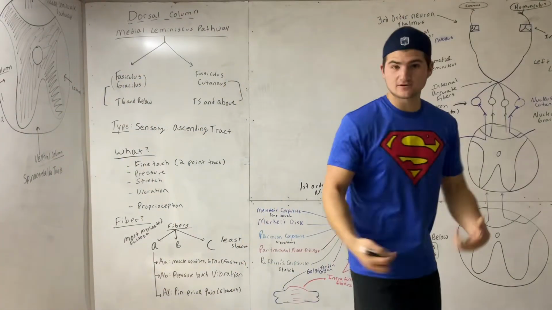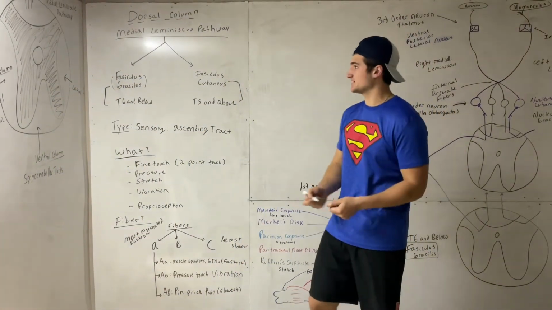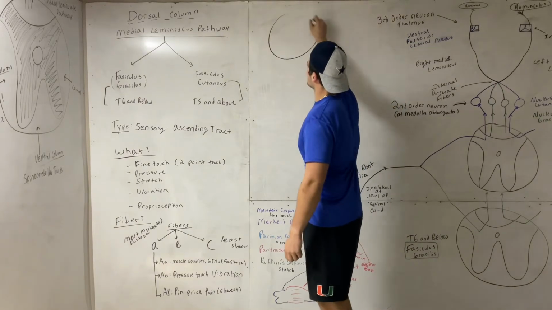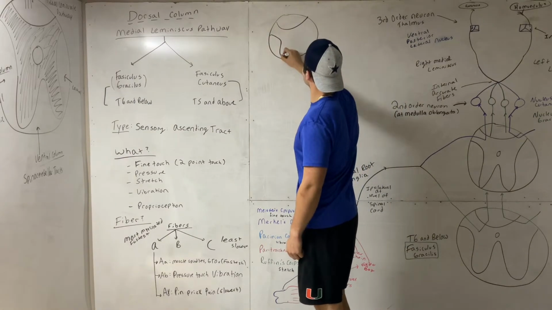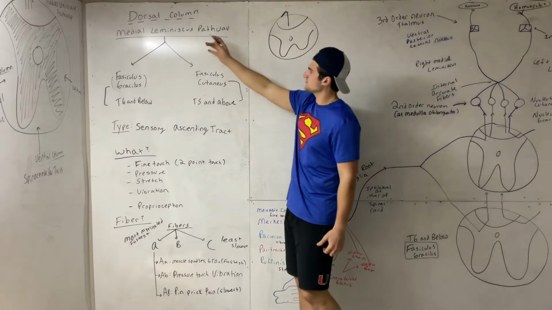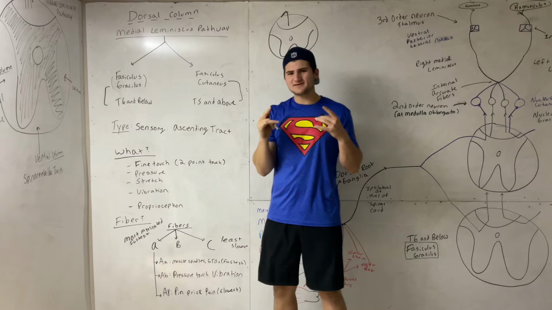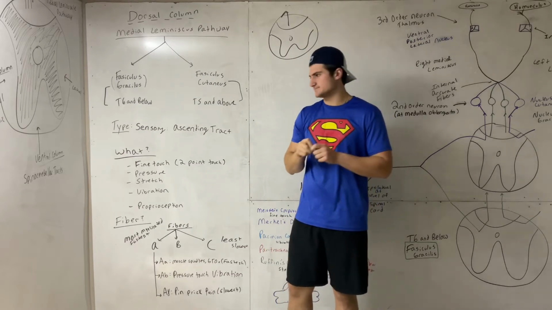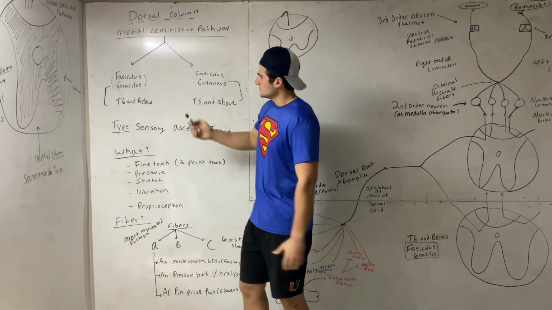The first pathway is the dorsal lemniscus pathway, like we said. Just remember where it is, right up there, going up, right? So this pathway is just for this region. Now we're going to have two different tracts that come from this pathway. What are they?